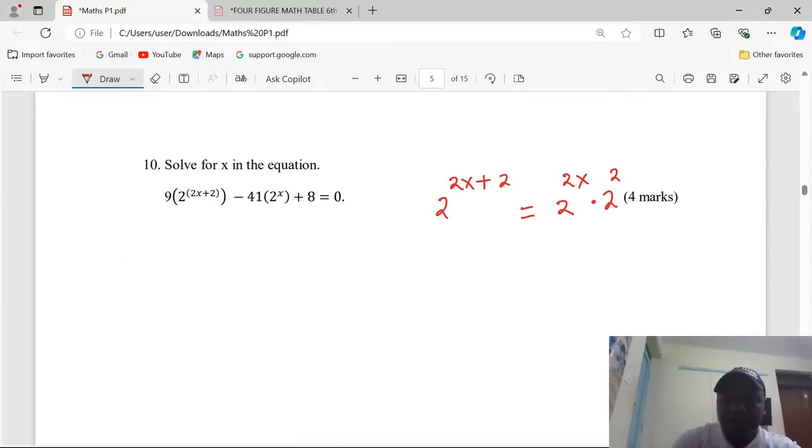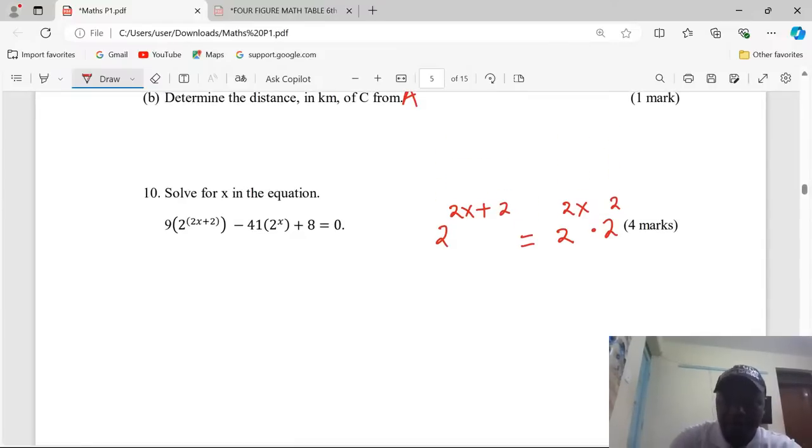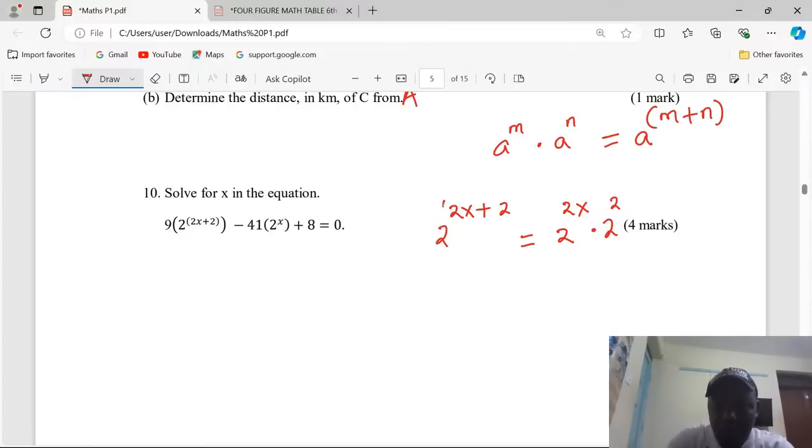This is the multiplication law of indices, which says that if a number a is raised to power m, and the same number is raised to power n, we take a and just add the powers. Because this has two powers which have been added, it can be split to have 2 power 2x and 2 power 2.